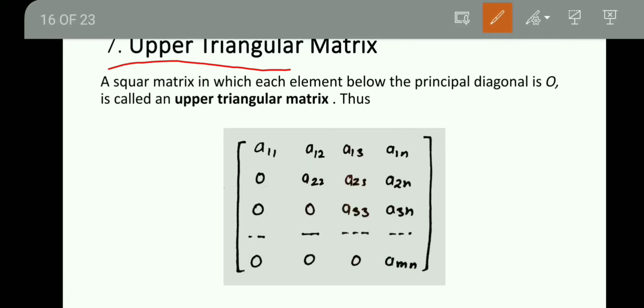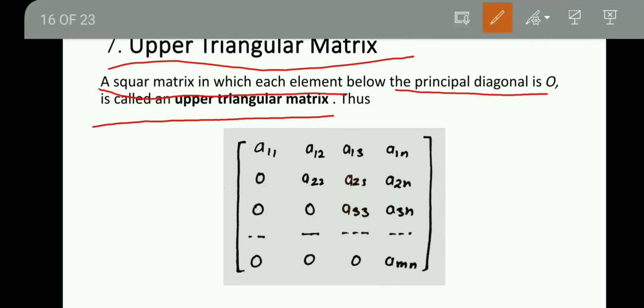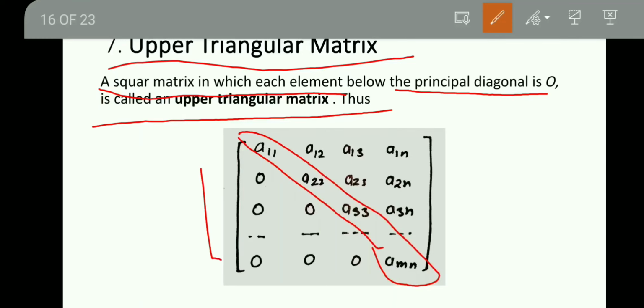The upper triangular matrix: a square matrix in which each element below the principal diagonal is 0 is called an upper triangular matrix. Thus, these are the principal diagonal elements, and below it, that is an upper triangular matrix.